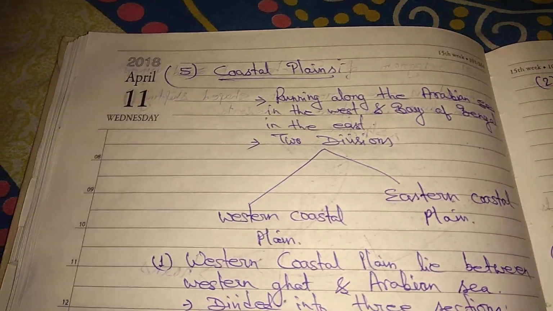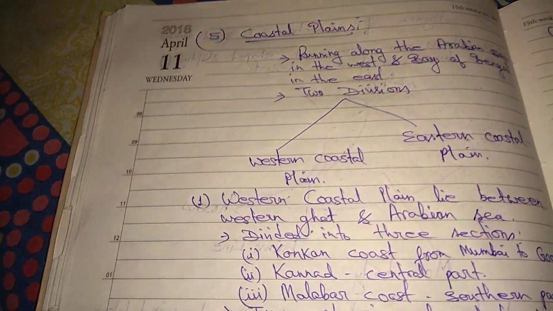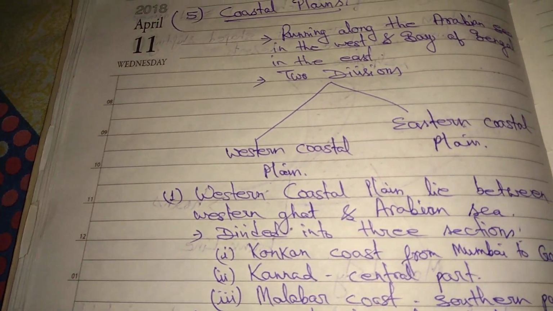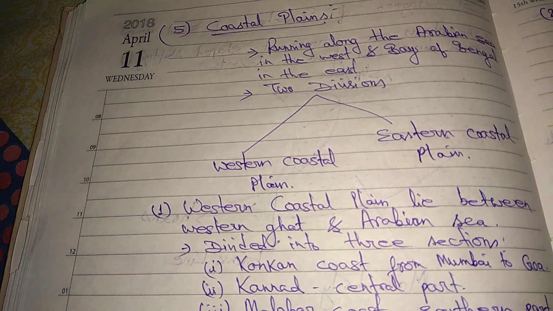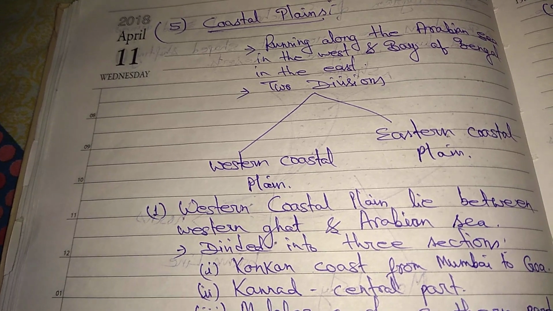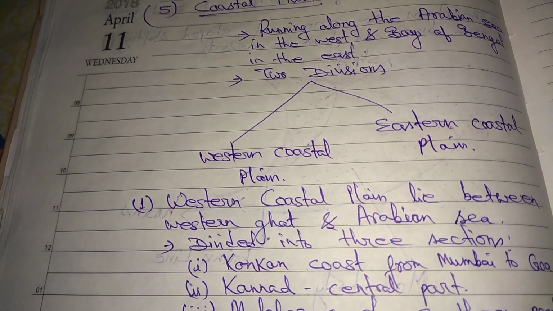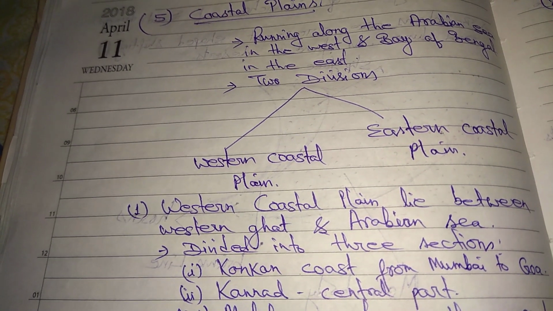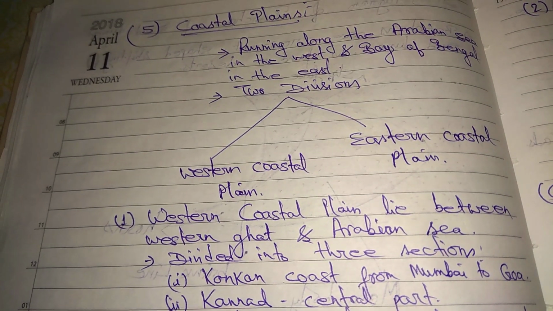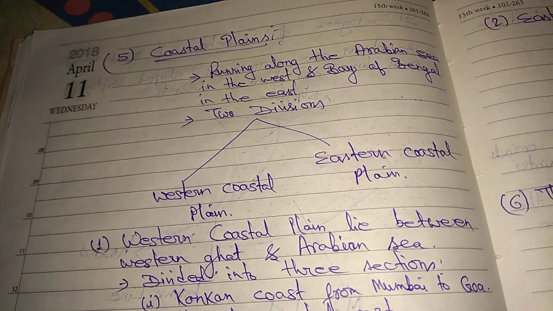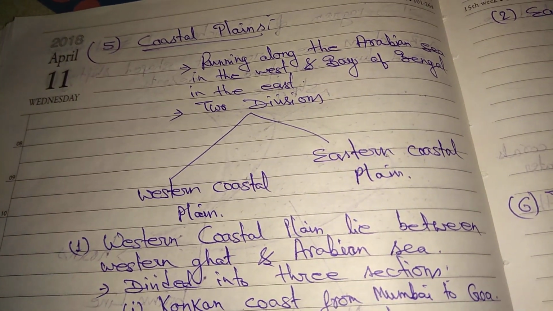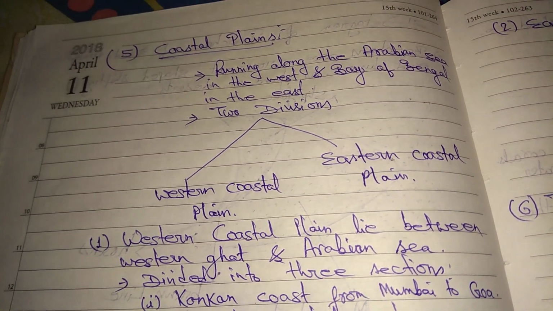Or we can say that the plain area between the Western Ghat and the Arabian Sea is called the Western Coastal Plain, and the plain area between the Eastern Ghat and the Bay of Bengal is called the Eastern Coastal Plain.